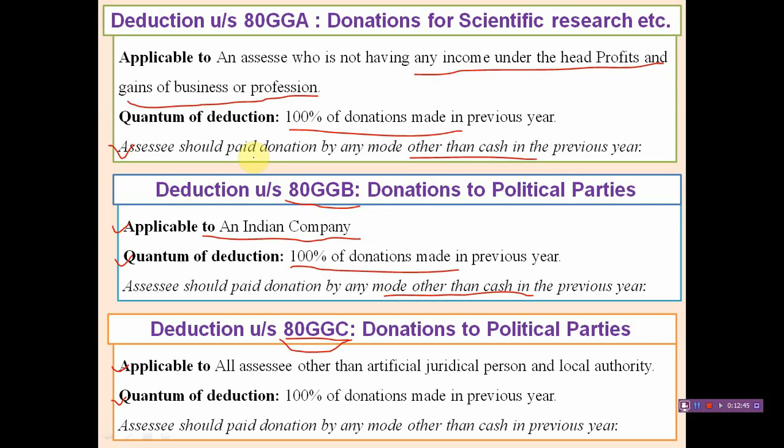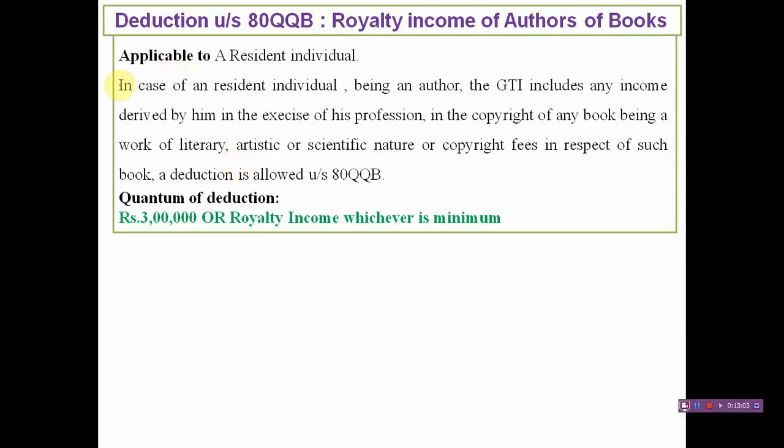We discussed it in my third video lecture. And if he made a donation for scientific research or to political parties, he can get deduction under section 80GGA, 80GGB and 80GGC.